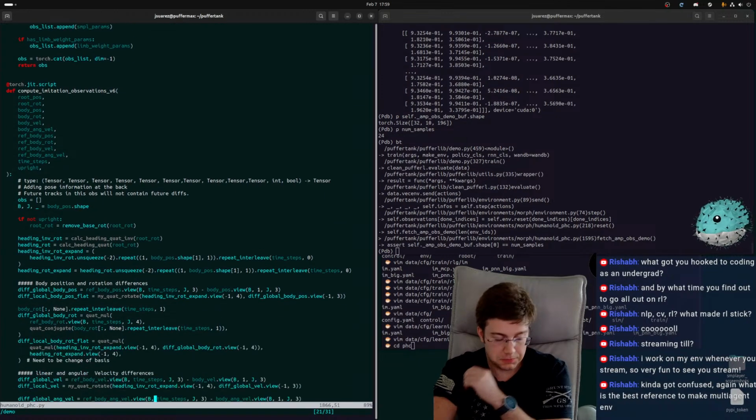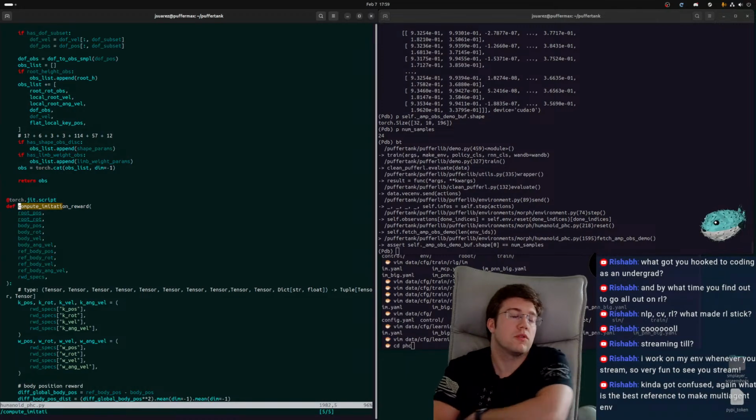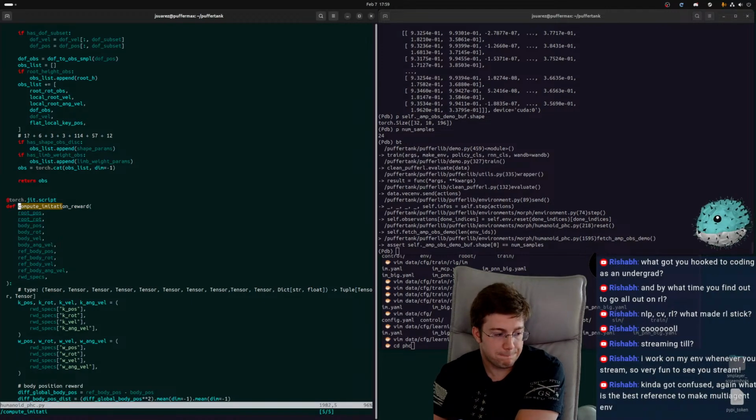Imitation observations. Position one previous frame.